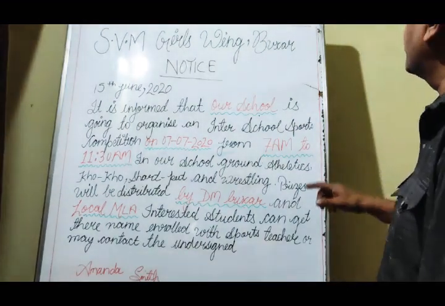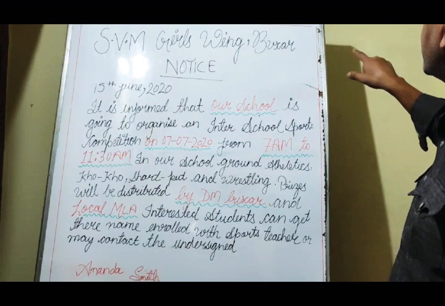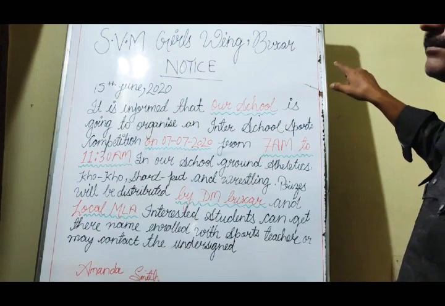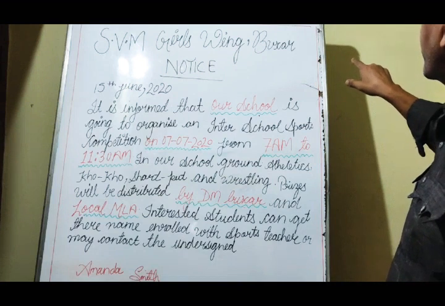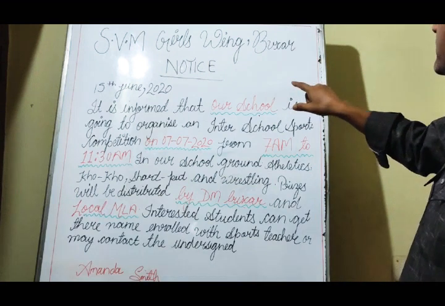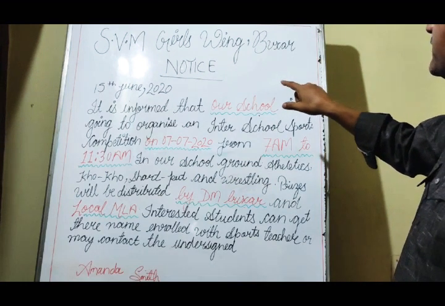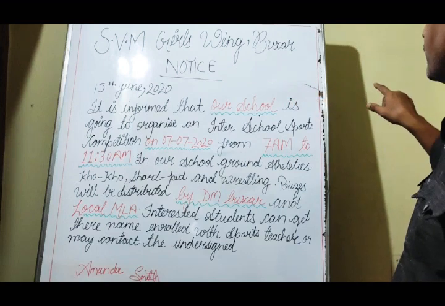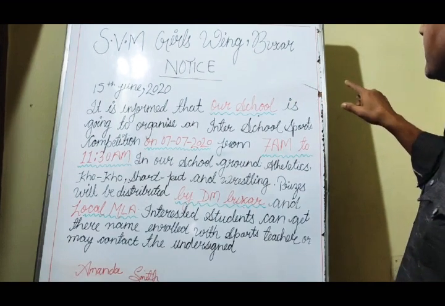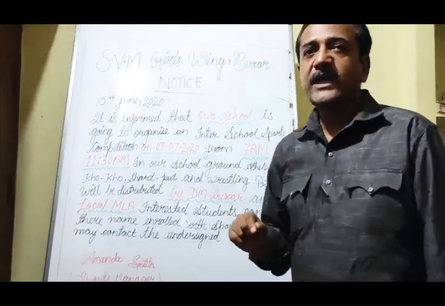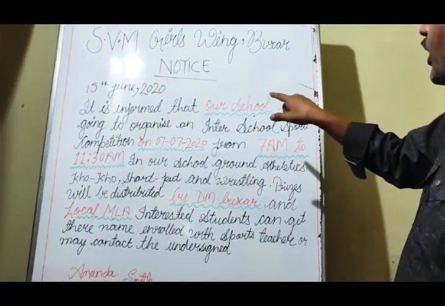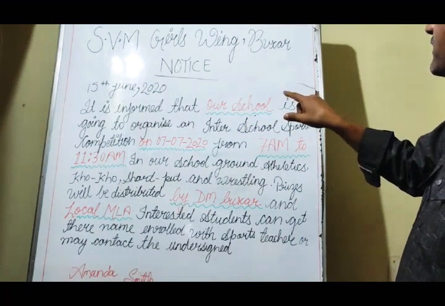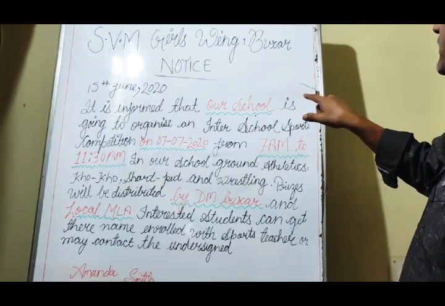For example, who is organizing the program? Our school. What is the event? Inter-school sports competition. Then comes when it will happen. When? Then the answer is on 7 July 2020.